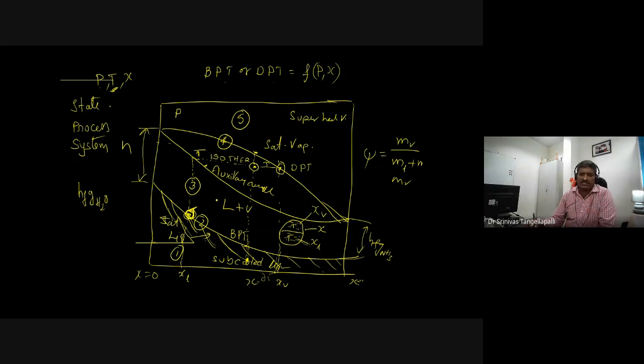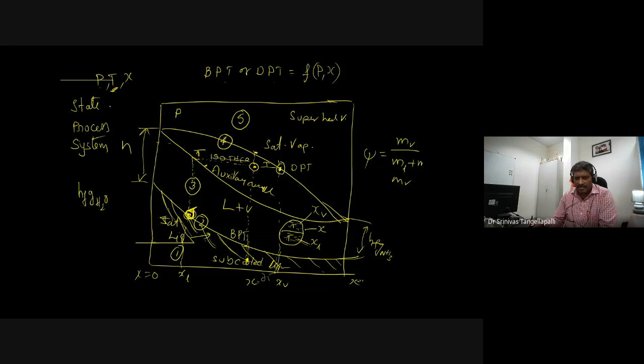Draw a vertical line up to this auxiliary curve to identify this point. Then draw a horizontal line, to identify the saturated vapor. Okay, you got the saturated vapor.